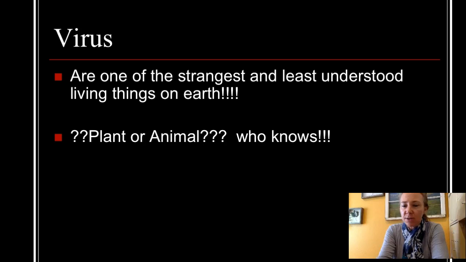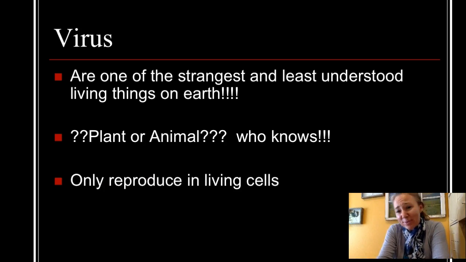Viral infections are very, very small pathogens, and there's a lot of confusion about viruses. For example, many scientists can effectively argue that they're not even their own organism because they have to have a host in order to survive. Are they plants? Are they animals?